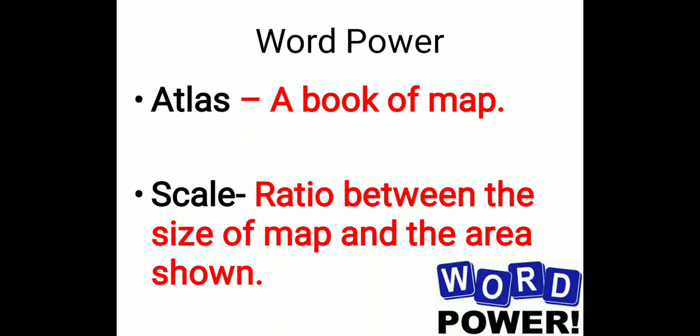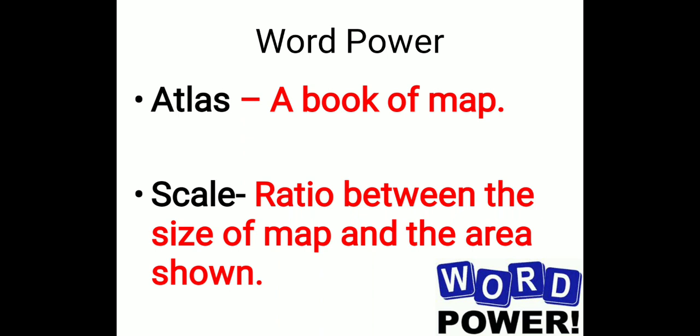So what is scale? Scale is a ratio between the size of the map, that is, what size a map is, and what area we are showing on the map for a particular place or distance. So what ratio we are taking for a particular area on the map according to the size of the map.